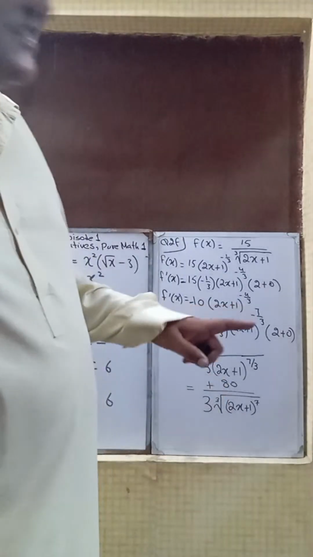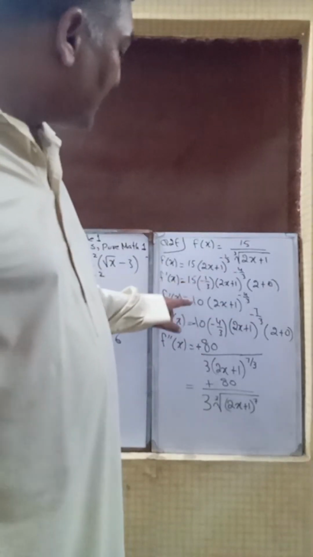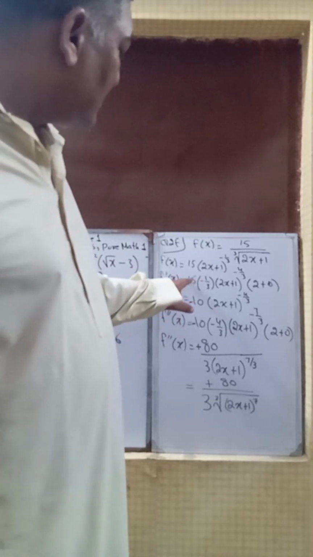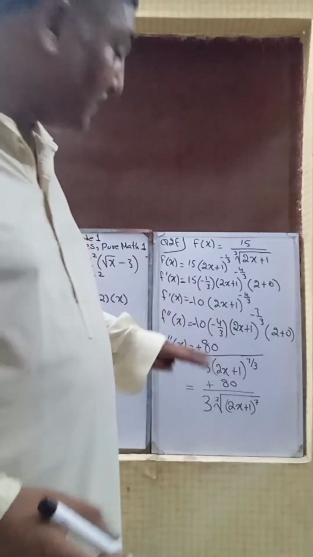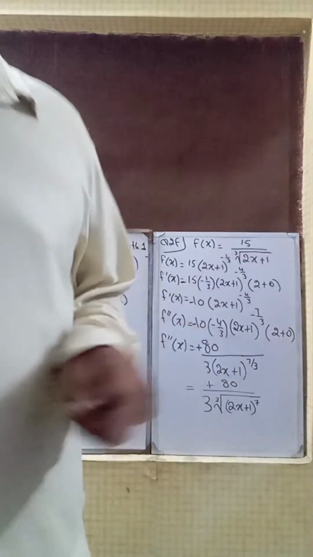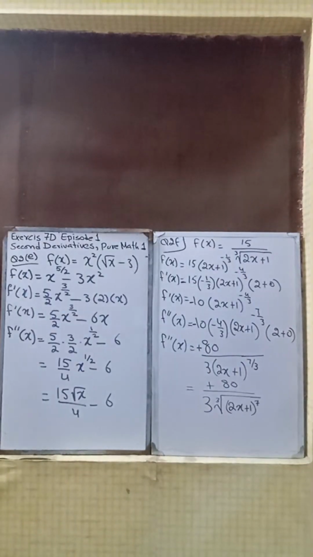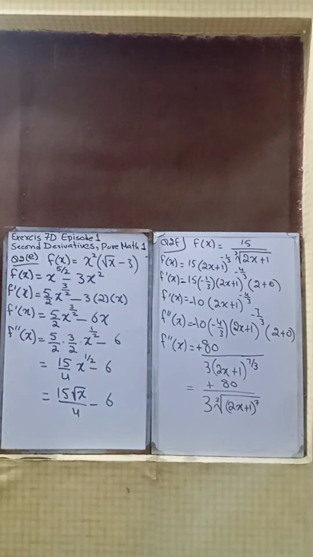I just made a mistake. I did not write here minus 10. This negative, that's why it's minus 10. I made a mistake. Okay, so now, thank God, it is corrected, and the answer matches with the answer in the book. So we are done with this. The question number 2 from the exercise 7D is completed.